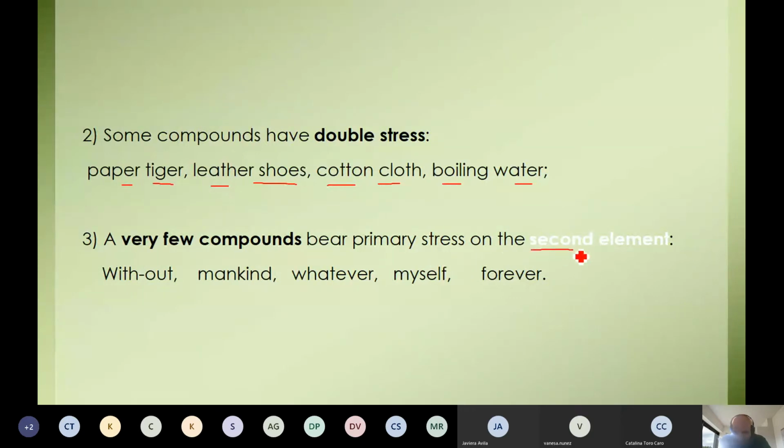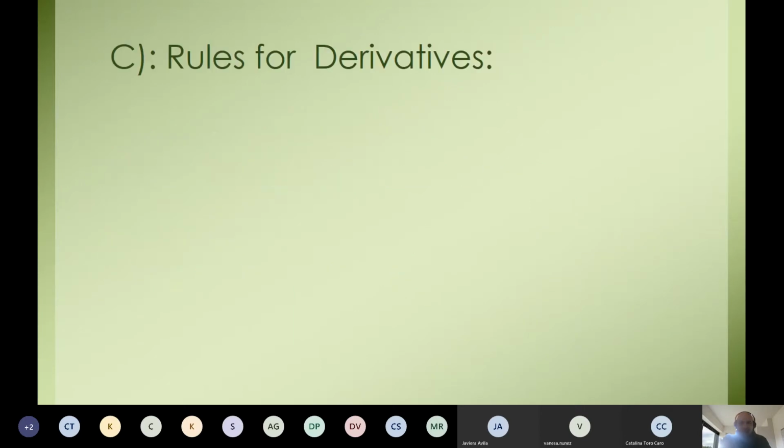I'm sorry, if you don't see this, I wouldn't blame you. The second element, such as without, mankind, whatever, myself, forever. If you look at all of these compounds, it's the second element that receives more emphasis, or the one which is more prominent. Okay.